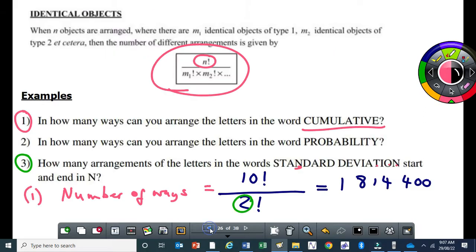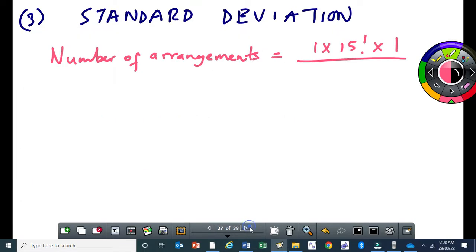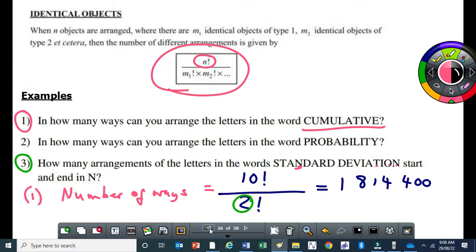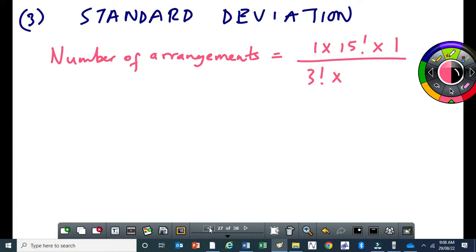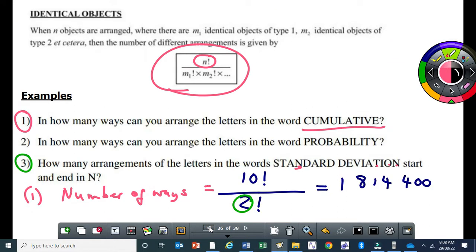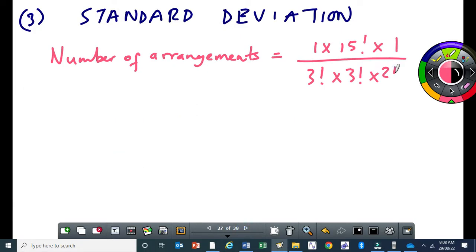For the other letters, which ones are identical? We have A, there are 3 A's, so we divide by 3 factorial times. Any other letter? D, we have 2 of them, so that would be 2 factorial times. Any other letter? We have T. There are 2 T's, so that would be 2 factorial.